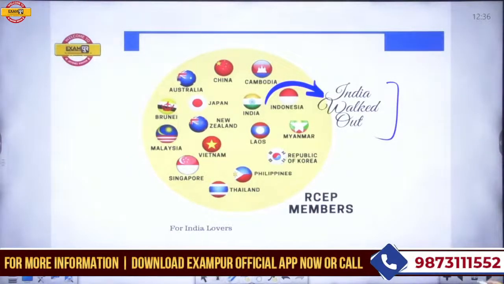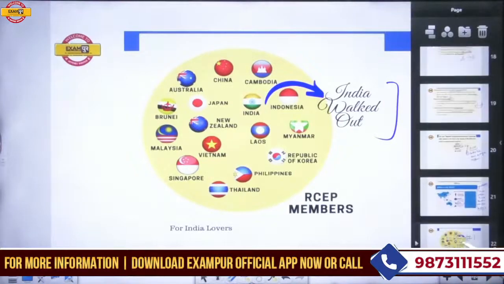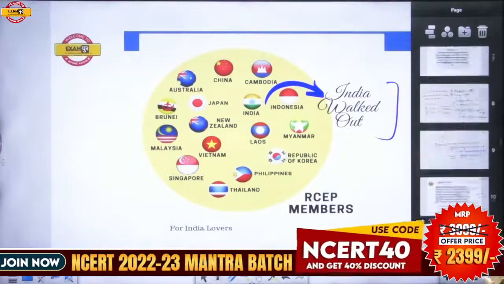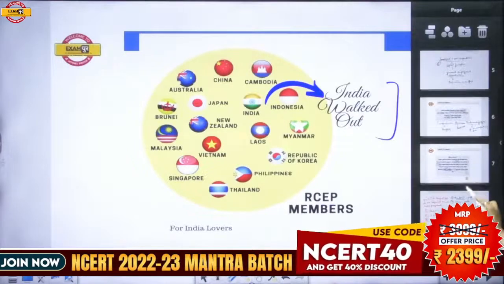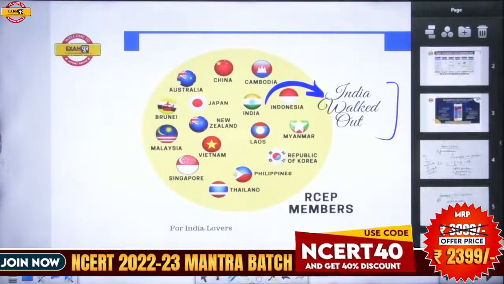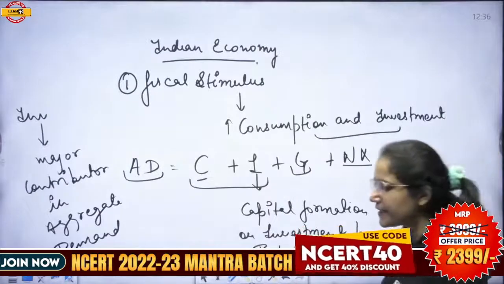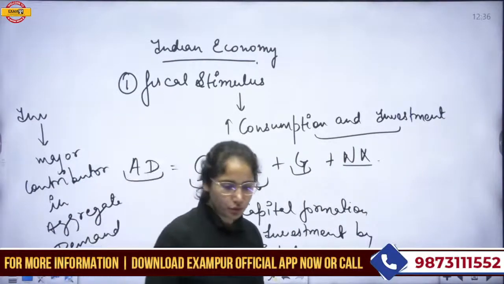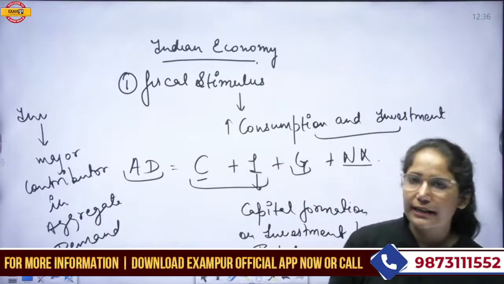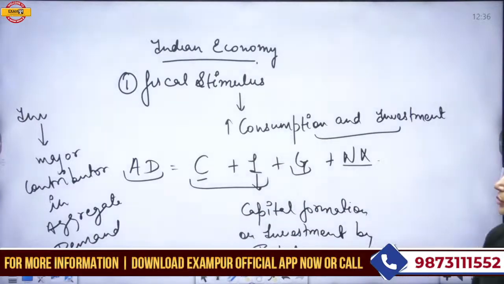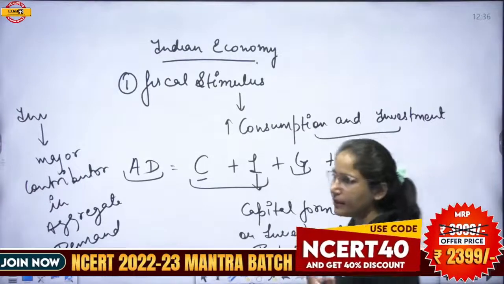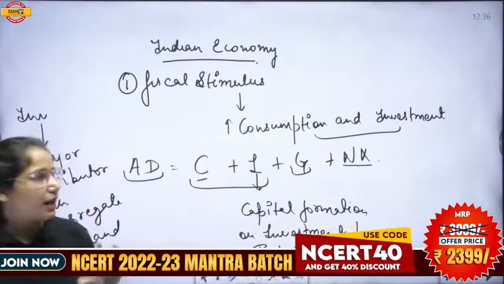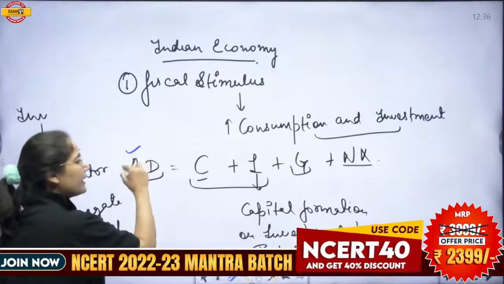Okay, so what we have studied till now is the UAE Comprehensive Economic Partnership Agreement. First of all, we studied the article in The Hindu newspaper, which asked to increase the fiscal stimulus by expanding the base for consumption and investment. Yes, we have to include aggregate demand.